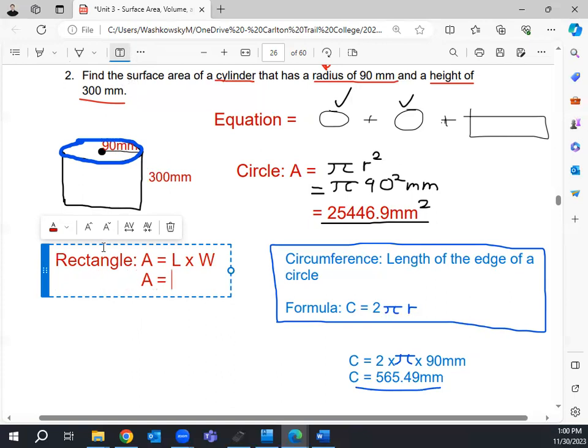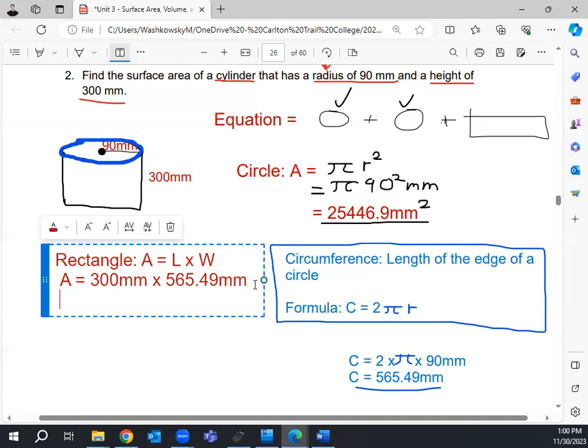What two numbers am I going to multiply? 300, that's my length, times 565.49 millimeters. Then all I've got to do is times those two numbers together. I'm going to get 220,540.8 millimeters squared.